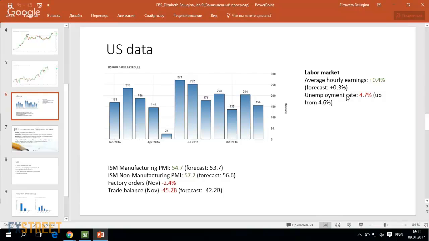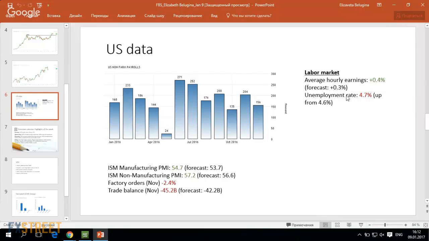And these figures are really impressive. High wage pressure means that inflation expectations in the United States will rise. And this is the main factor why this non-farm payrolls release for December was positive for US dollar traders.